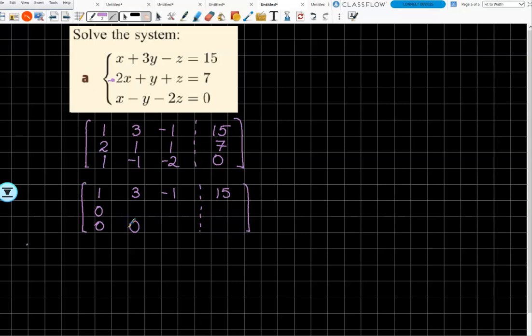That's what that is called. Sometimes they'll just say use row operations to solve. Sometimes they'll say put it in reduced row echelon form. We know all of that stuff. Okay, so in order to get a 0 here, what are we going to do? Not yet. This one here. Okay, so yep, and it's up to you.